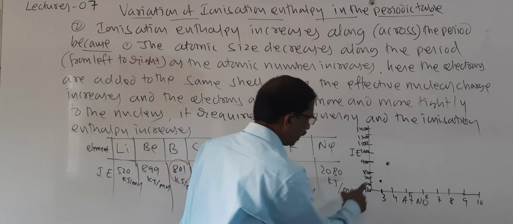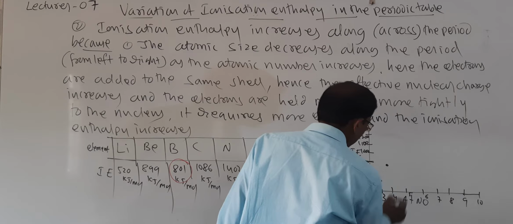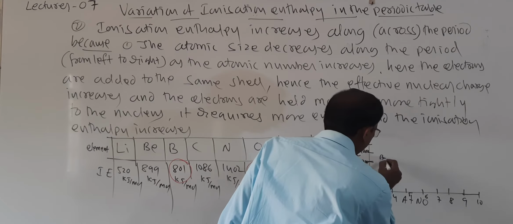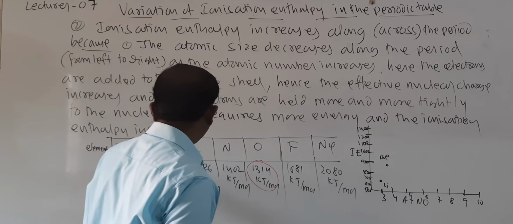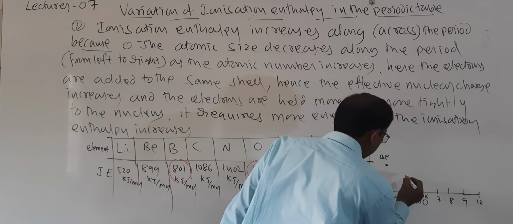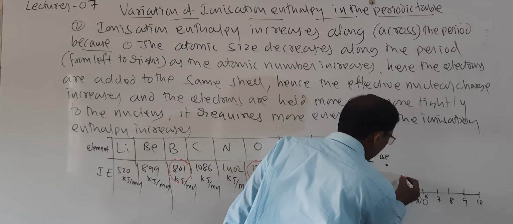So look here students, here 899, I will come here, 899. It is lithium, beryllium, and then the next one boron 801, again it decreases here, boron 5, it decreases here.